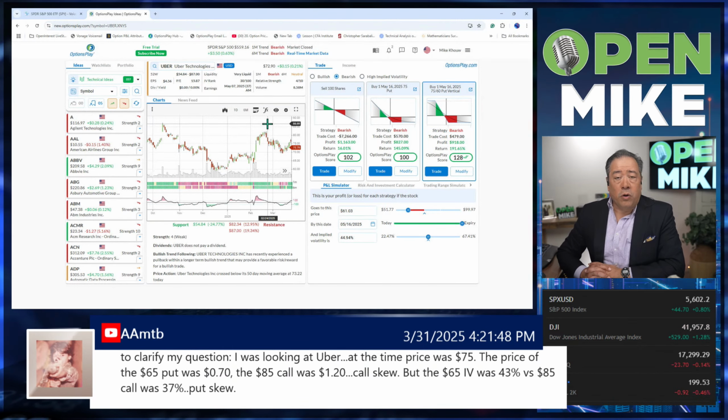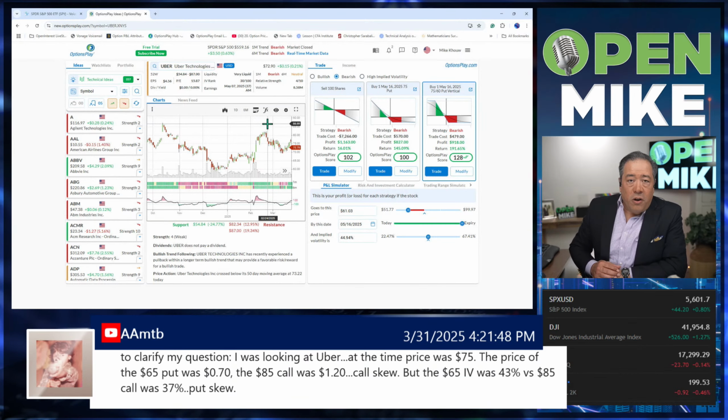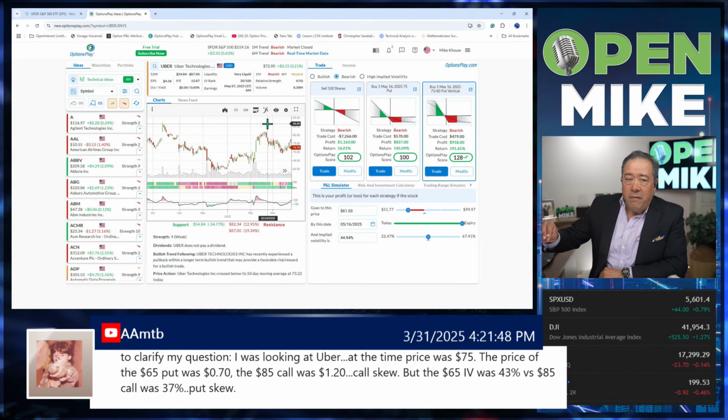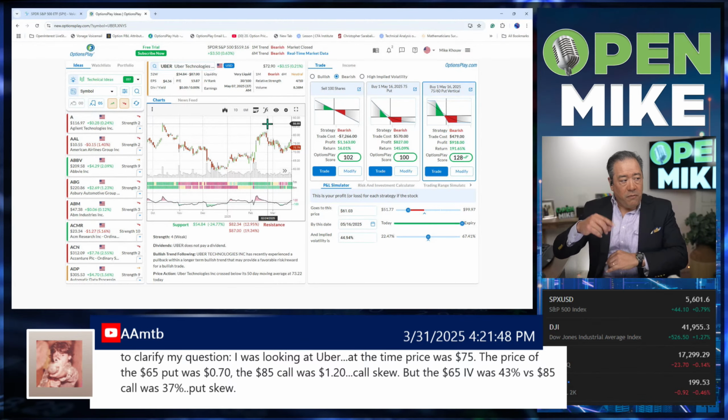You can imagine that if you're looking at the S&P and the S&P is 5,600 and you're looking at Uber and it is $73, if you take a call that is, let's say for the sake of argument, $6,000 on the S&P and $75 on Uber, obviously the call option, even with a much lower implied volatility in SPX than Uber has, just as a function of its price, or the strike, is going to be much, much higher. So that's the first thing.